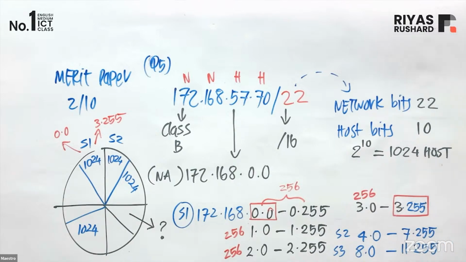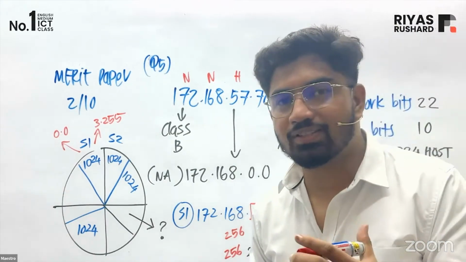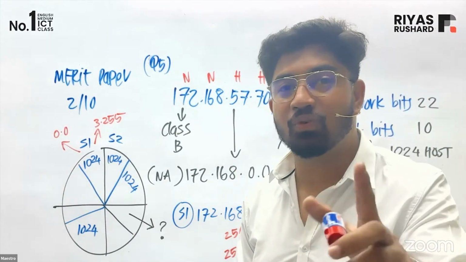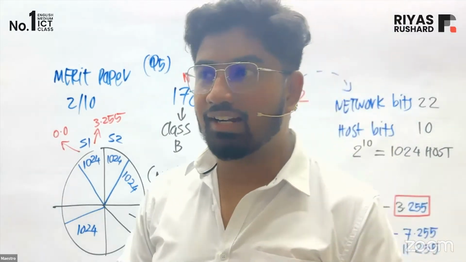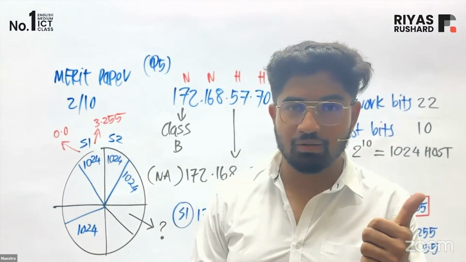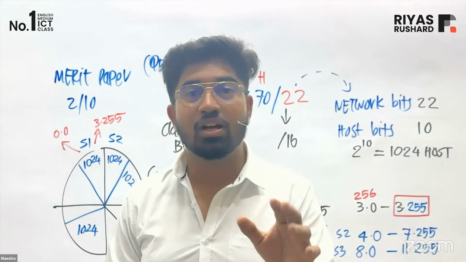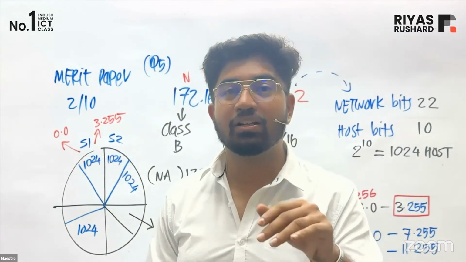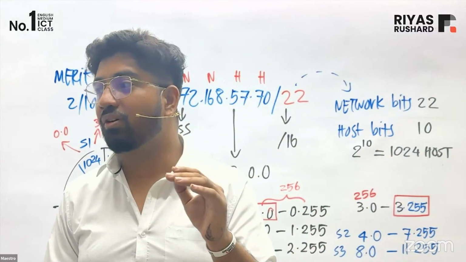So the IP address goes 4 by 4 by 4. Do you all agree with me? Started from 0, subnet number 1. Subnet number 2 started from 4. Subnet number 3 starts from 8.